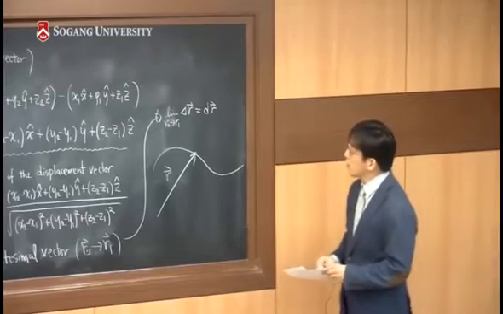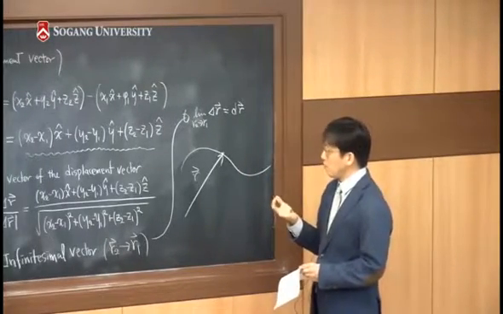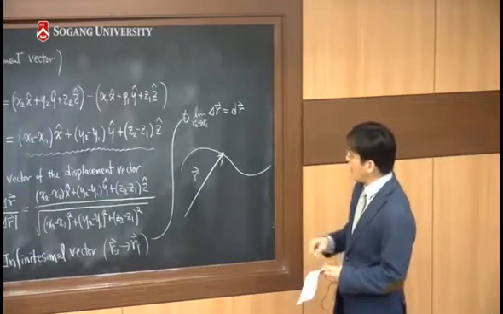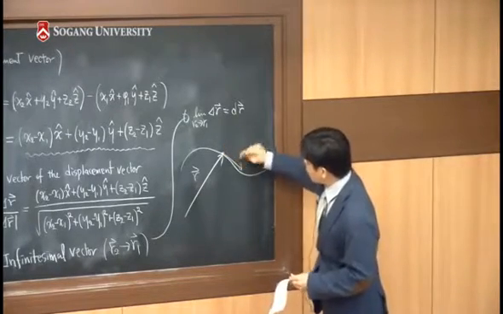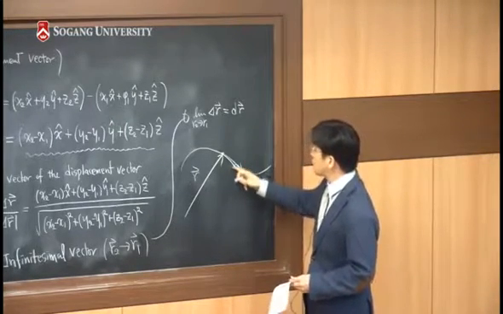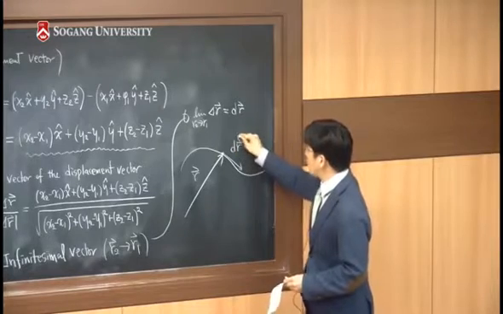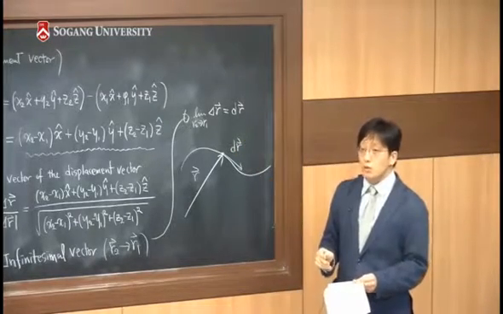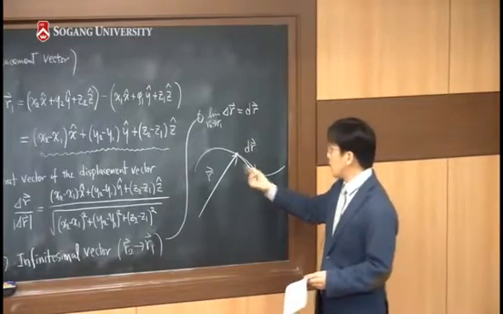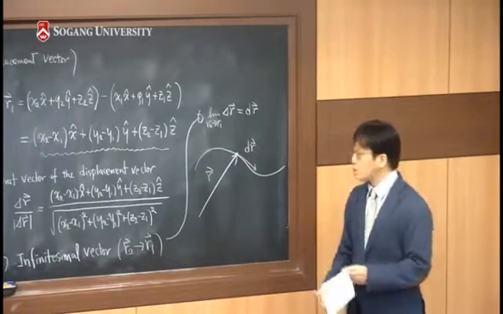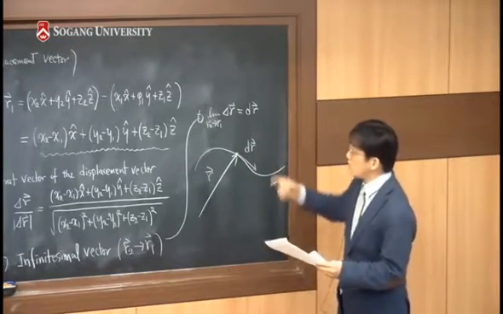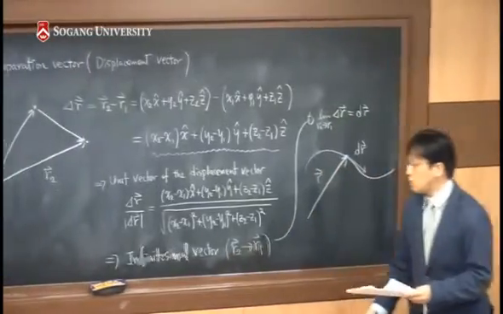Then in a very short time, the particle will change its position, and the tangential part of its trajectory is the infinitesimal position vector, which tells us how the particle moves in a very short period of time. So that's the physical meaning of the infinitesimal vector.